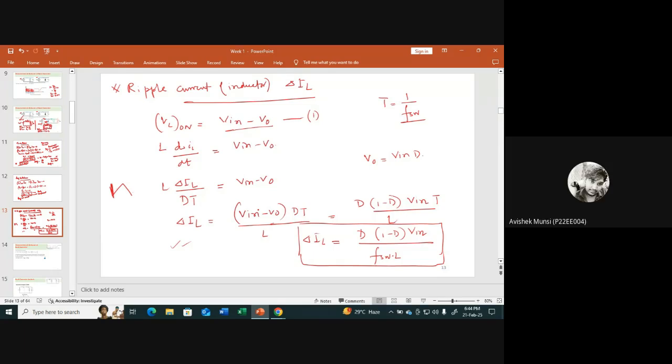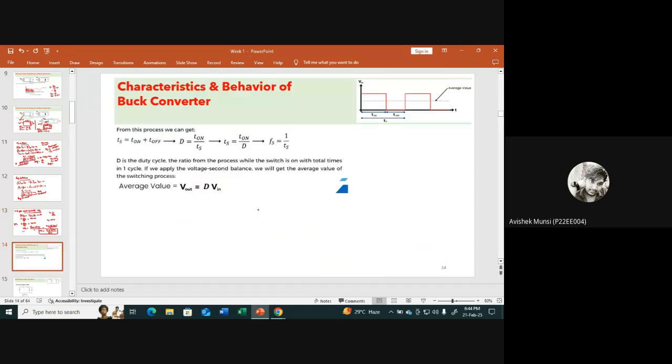Then moving to the next slide. What I said already is in the curve: if there is a duty cycle we are giving, then the average value of it will be the output voltage.